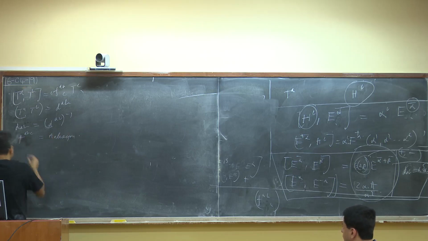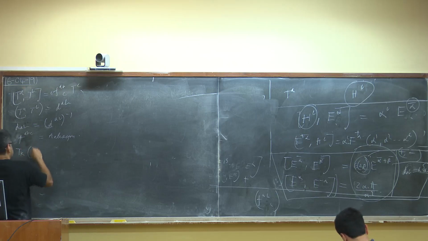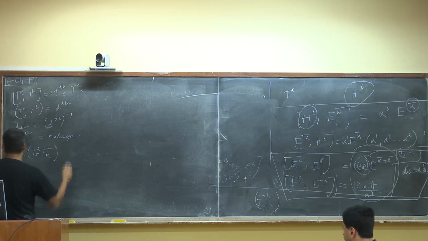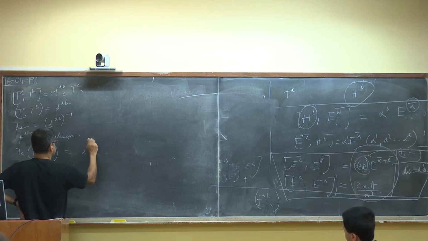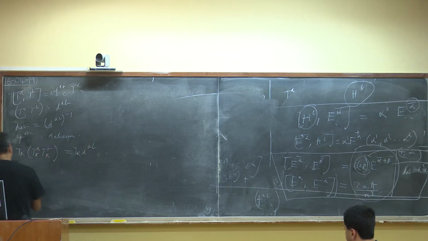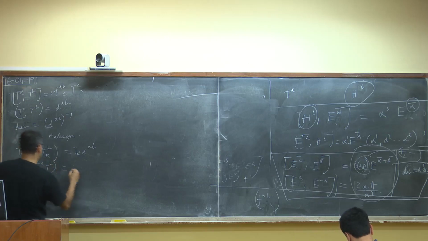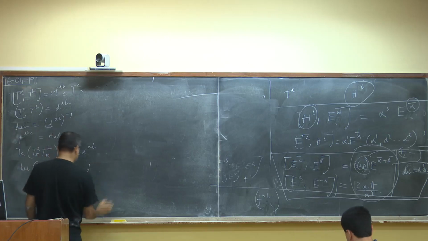Then we had two things, right? There was first the trace of T^A T^B in some representation R is equal to d^AB times T_R, and we had d_AB T^A T^B equal to Q_R.